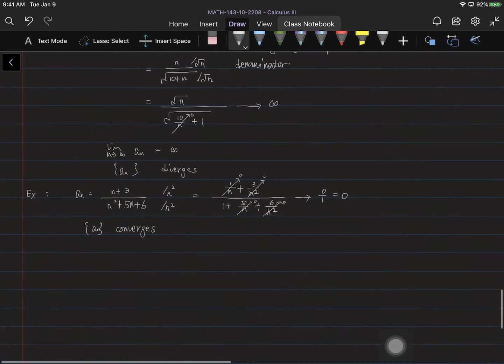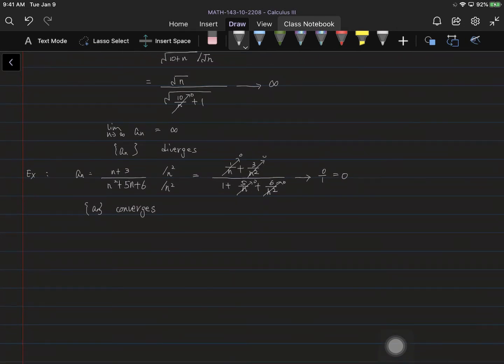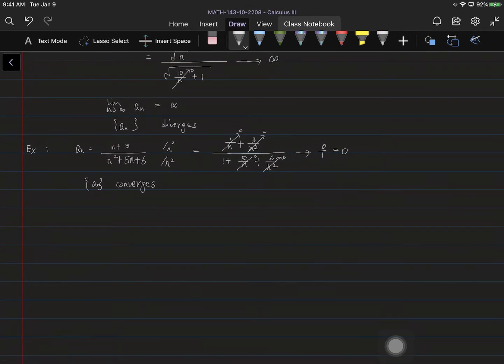Okay. So next, let's go to our next topic, which is the continuous function theorem for sequences. That is theorem 3. It's called the continuous function theorem for sequences.